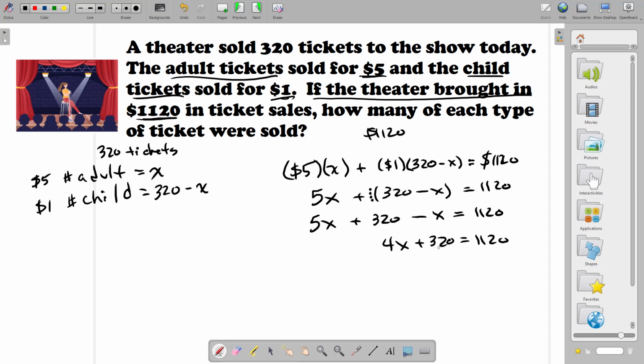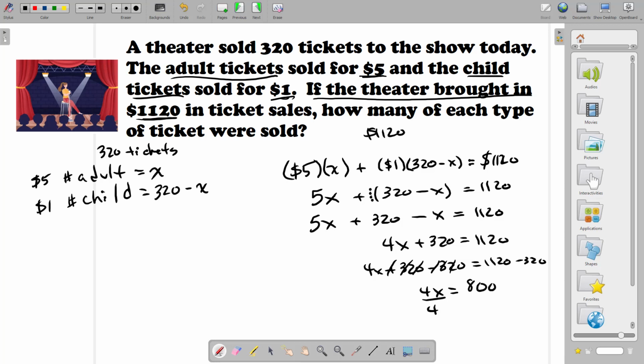We need to get rid of this 320, so I'm going to do that by subtracting 320. These add out. And let's see, 1120 minus 320 is 800.